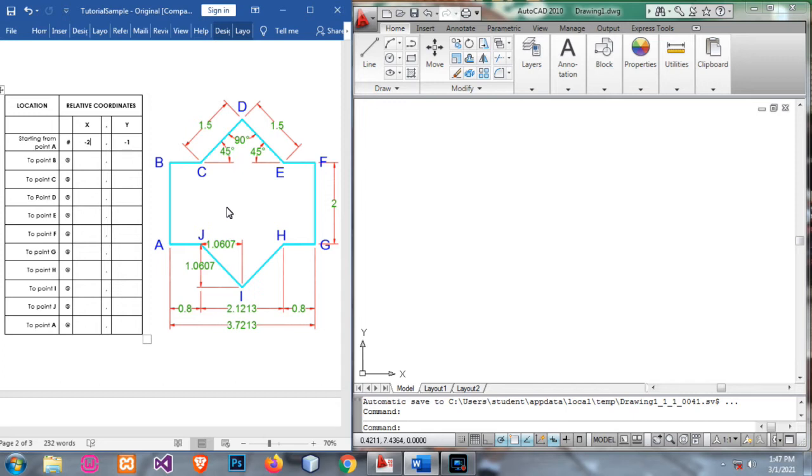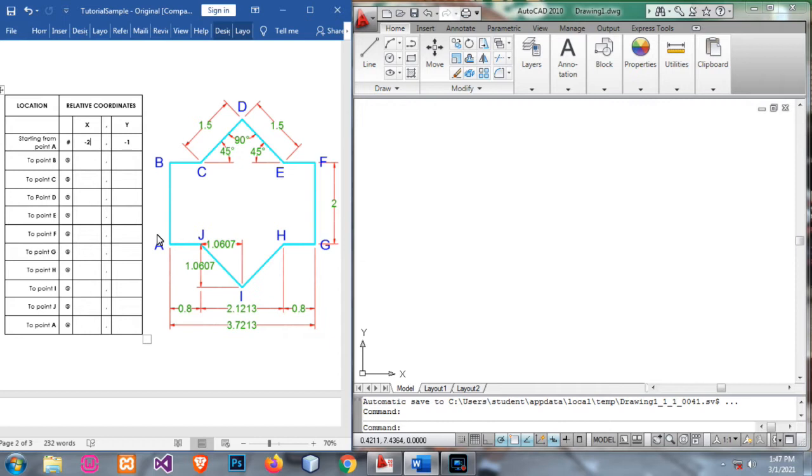Alright, so let's try. From A to B, we will reset the value of A into 0, 0, and always remember that movement to the right on the x-axis signifies a positive number, and a movement to the left signifies a negative number. For your y-axis, an upward movement signifies a positive number, and a downward movement signifies a negative number.